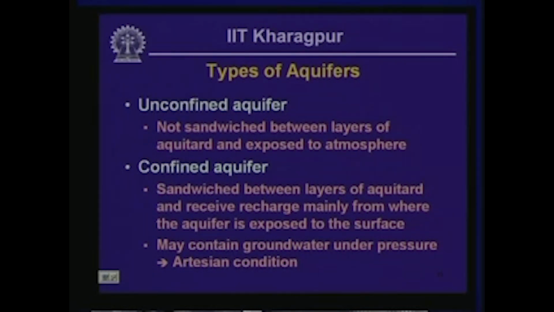Then the second type of aquifer that we consider here is confined aquifer. Confined aquifer is essentially a water bearing layer which conducts groundwater relatively easily, with the groundwater flowing relatively easily, and this particular aquifer is sandwiched in between layers of aquitard, and this aquifer receives recharge only locally, where the aquifer is exposed at the surface, as we have seen earlier.